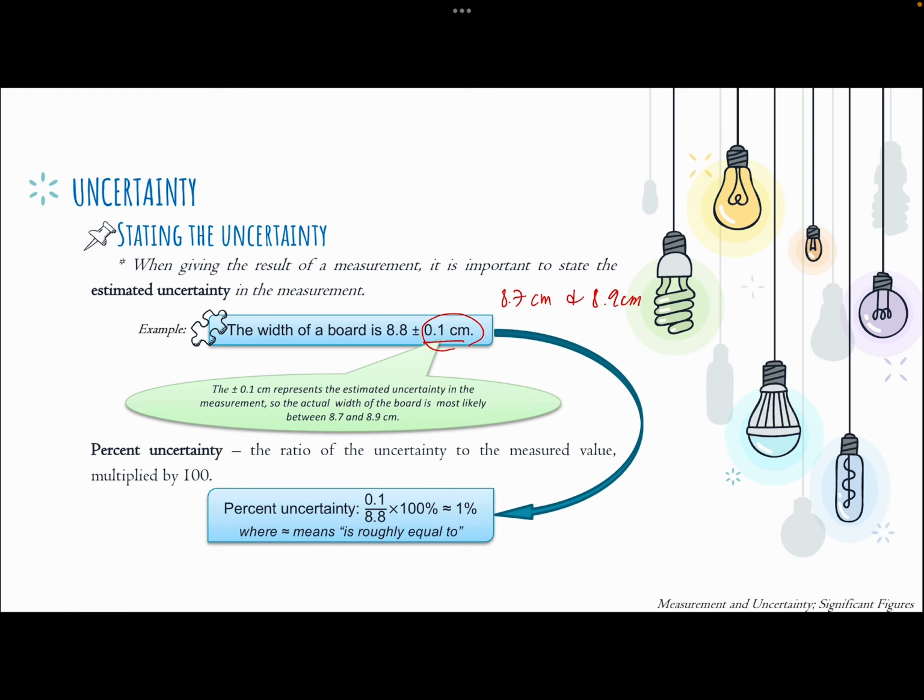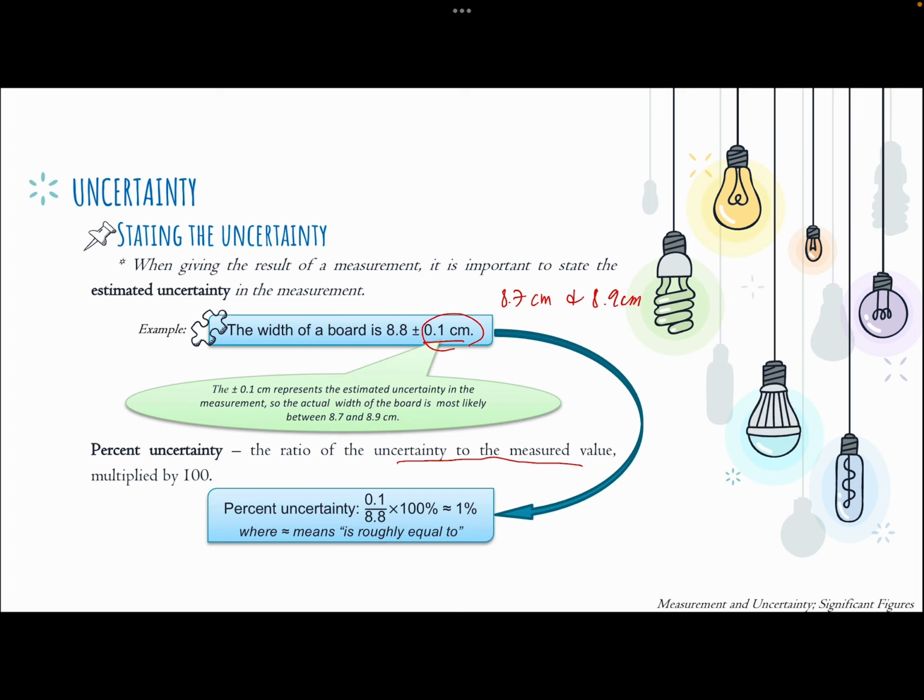And we can actually compute for the percent uncertainty of the value by simply getting the ratio of the uncertainty of the measured value with respect to the measured value multiplied by 100.